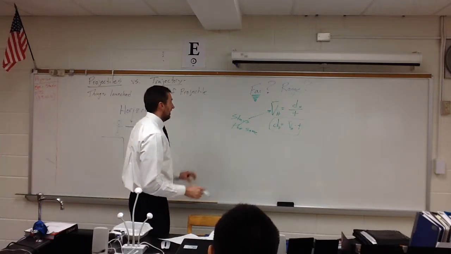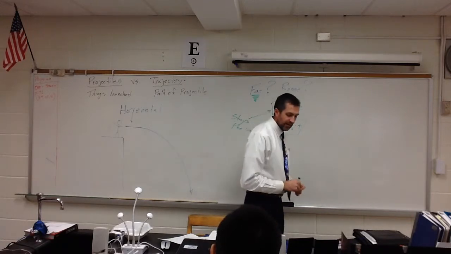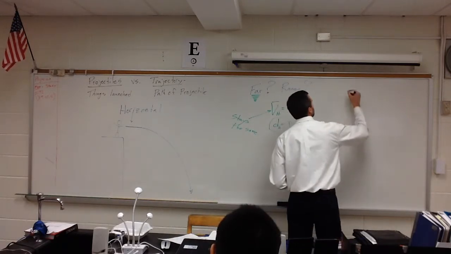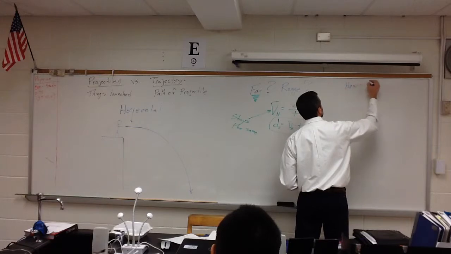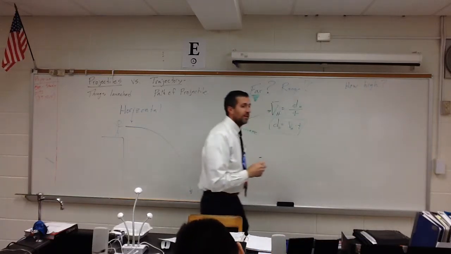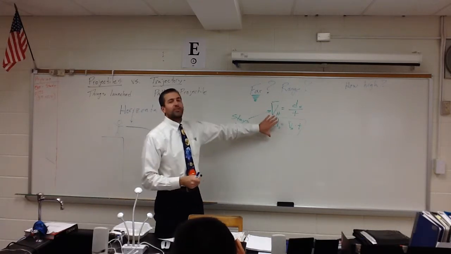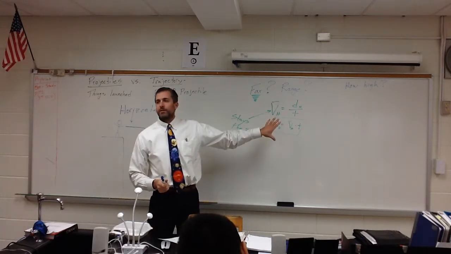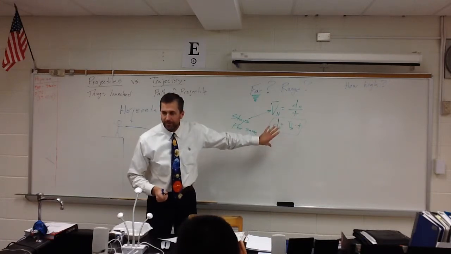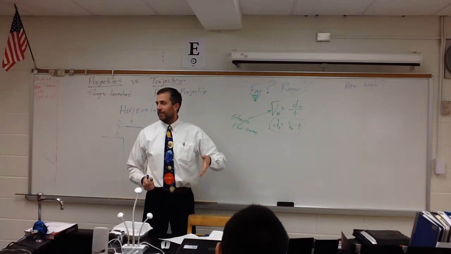Now, in the other direction, like if you want to know how high is the cliff, that's an up and down problem. So are we going to be able to use this equation if it's an up and down problem? Most definitely no. Because up and down problems, we always got acceleration and gravity.